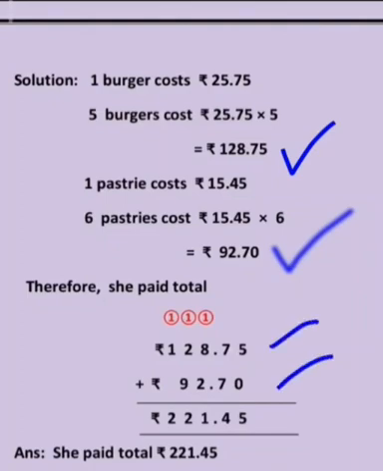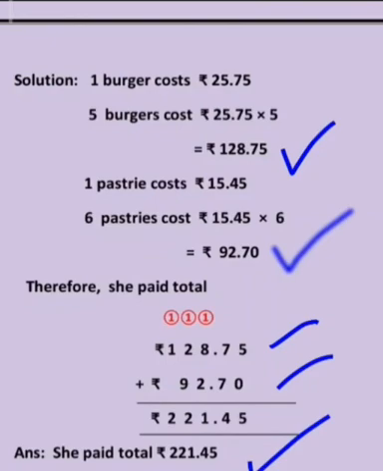Just simply add these two amounts, you know how to do addition, and finally we got the answer. She paid a total of rupees 221.45. That means 221 rupees and 45 paise.